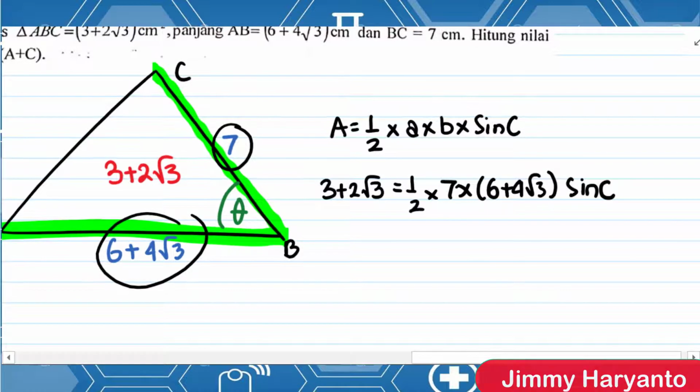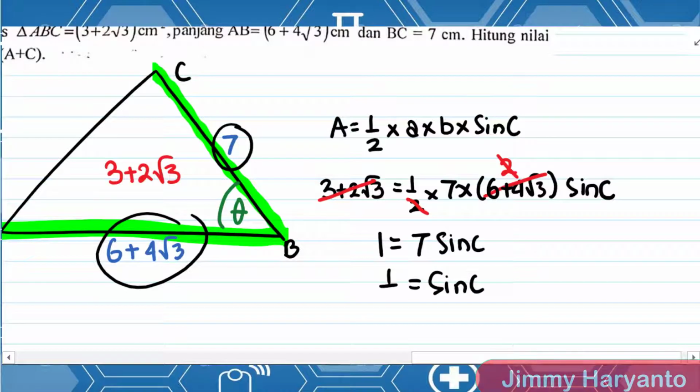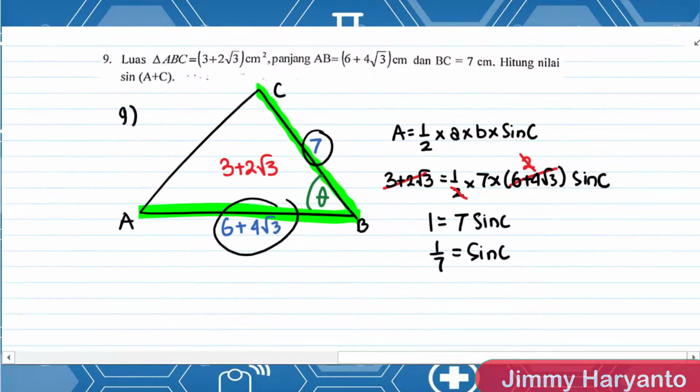If you notice, 6 plus 4 square root of 3 is 2 times 3 plus 2 square root of 3. So I can cross out them and we'll leave 2 right there. And then the 2 cross out again. So it will leave 1 equals to 7 sin C. So sin C will be 1/7. There we go.